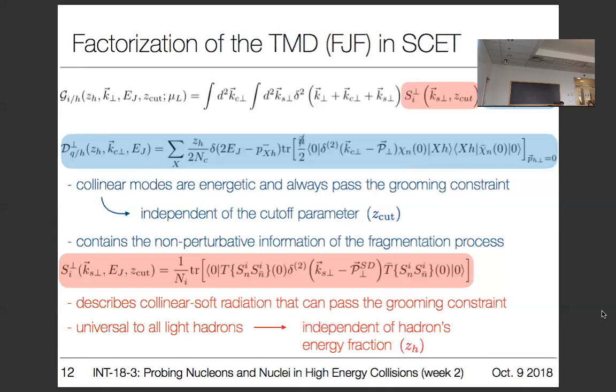The operator definitions for those, again, here we have the purely collinear term, which is the same as you have in any other TMD FJF, either groomed or ungroomed, because it's a collinear term and therefore insensitive to the grooming process. And then you have the soft function, which will depend on the grooming parameter, z_cut, but it will not depend on the energy fraction, since this is parametrically less energetic than the collinear modes.